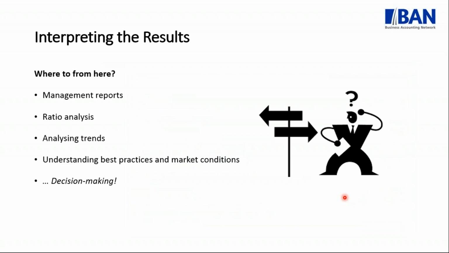Now you could ask, where do you go from here? We've just looked at a very brief overview of how your financial statements work, how they are prepared, what to look out for. But where can I go from here to actually make it even more meaningful? Well, the one thing I would emphasize are management reports. Your management reports are most often prepared in a similar format to your financial statements and using the same financial reporting framework as your annual financial statements, except management reports are on a monthly basis.